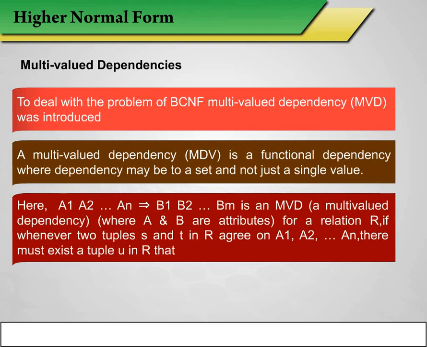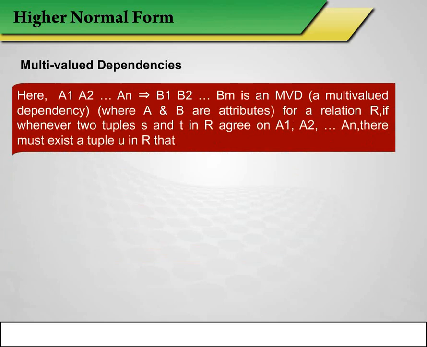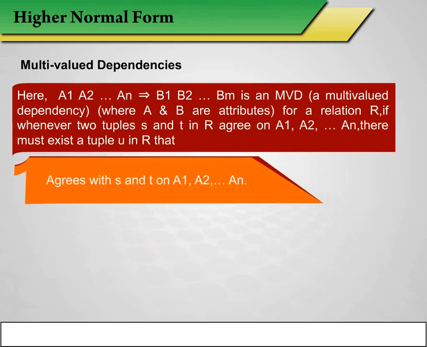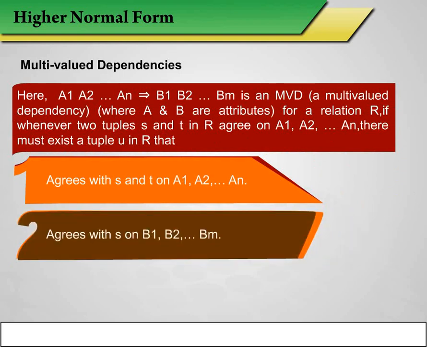To deal with the problem of BCNF, multi-valued dependency, MVD, was introduced. A multi-valued dependency is a functional dependency where the dependency may be to a set and not just a single value.